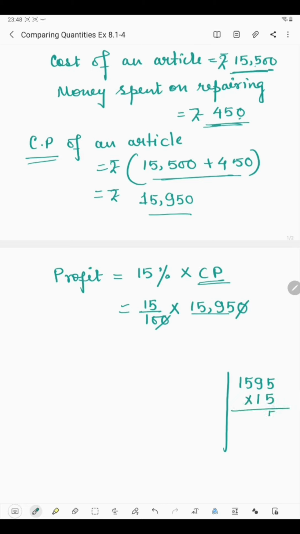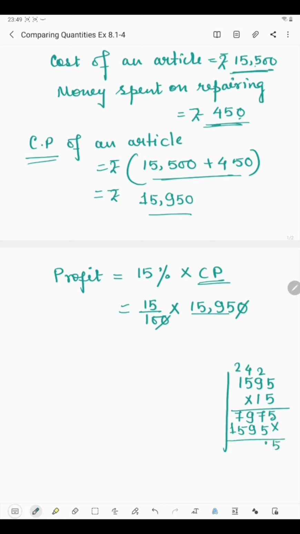So 5 5s are 25, 2 carry, 5 9s are 45, 45 plus 2 is 47, 7 4 carry, 5 5s are 25, 25 plus 4 is 29, 9 2 carry, 5 1s are 5, 5 plus 2 is 7. So 5 1s are 5, 9 1s are 9, 5 1s are 5, 1 1s are 1.